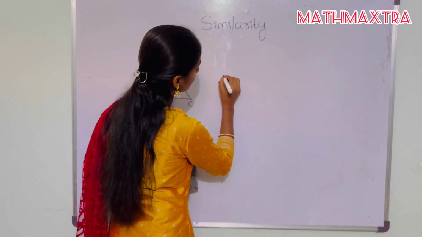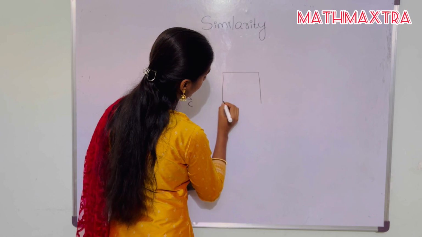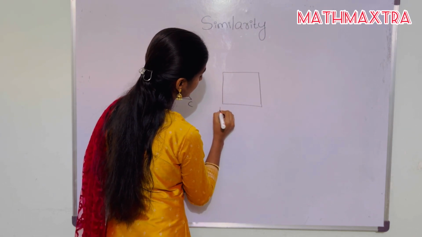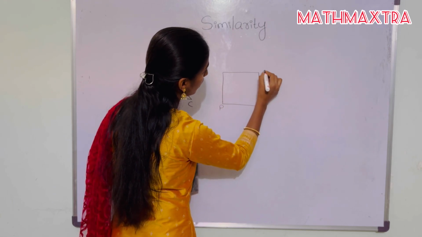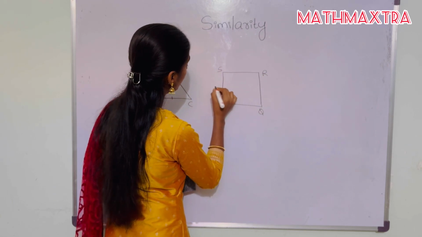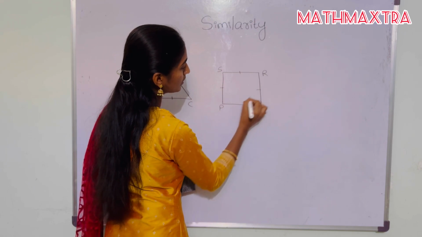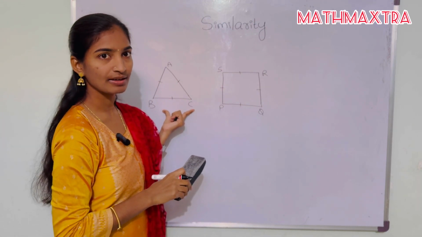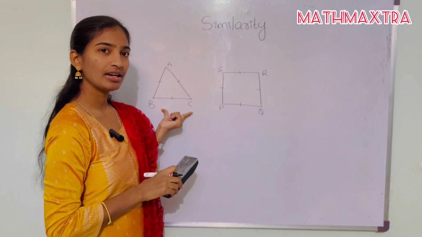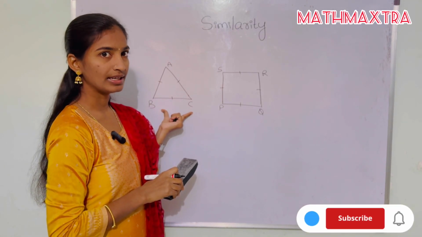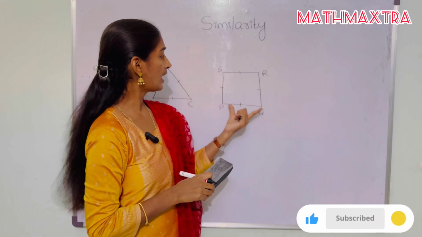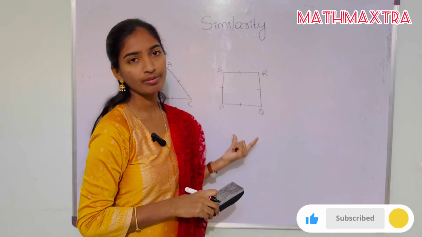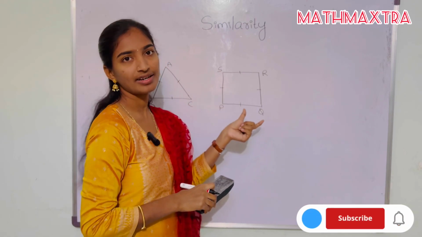A square is also a closed plane figure formed by the line segments P, Q, R, S, and all the sides are equal.